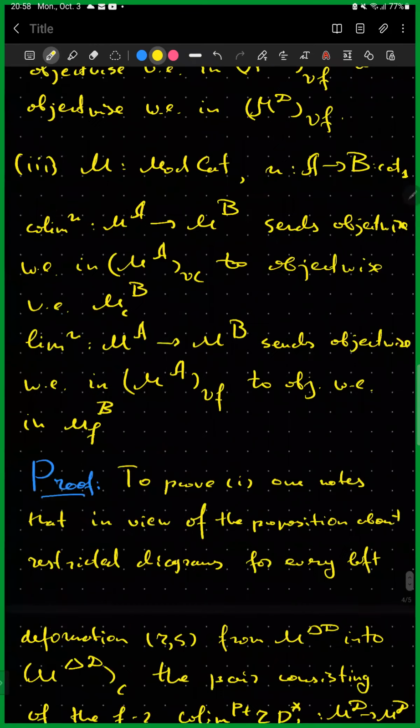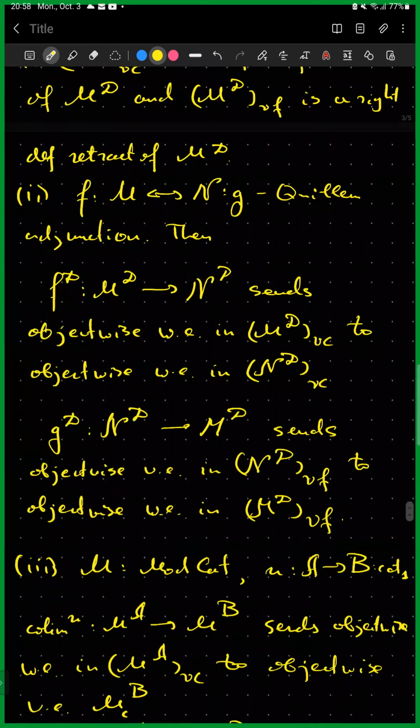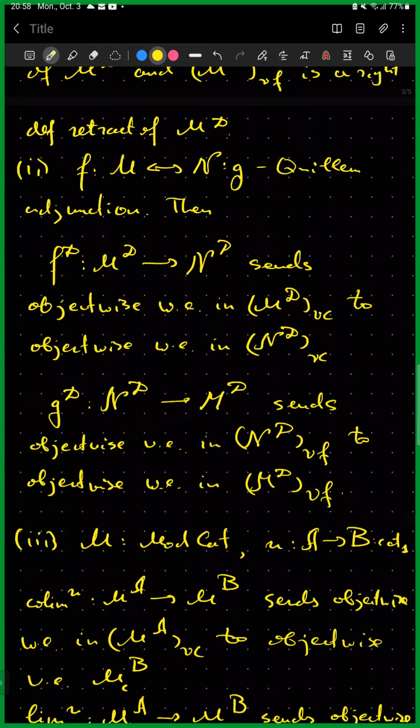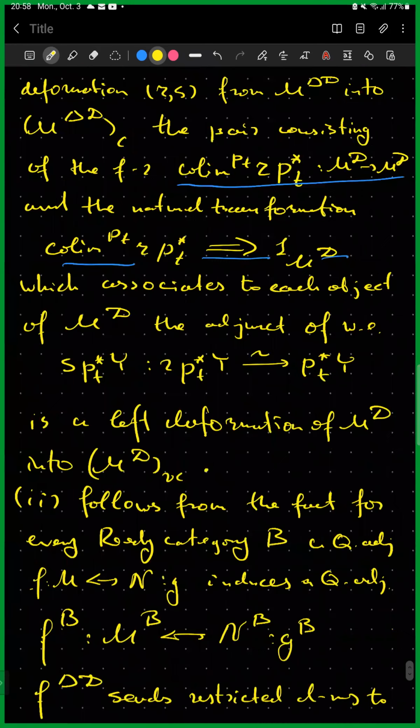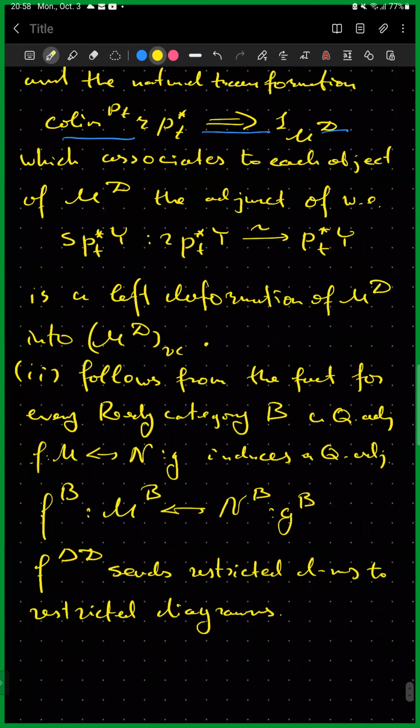So the second point, which asserted that if we have an equivalent adjunction, then object-wise weak equivalences in the subcategory of virtually equifibrant objects are sent to object-wise weak equivalences in the subcategory of virtually equifibrant objects. Since restricted diagrams are preserved, it means that virtually equifibrant objects are also preserved, and weak equivalences are sent to weak equivalences between them because we have an equivalent adjunction.